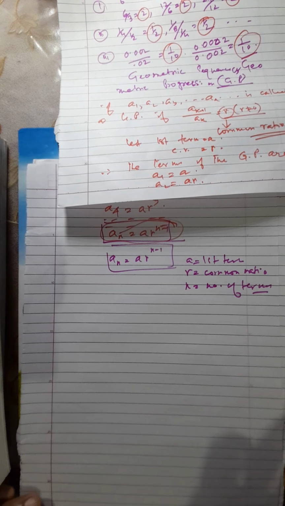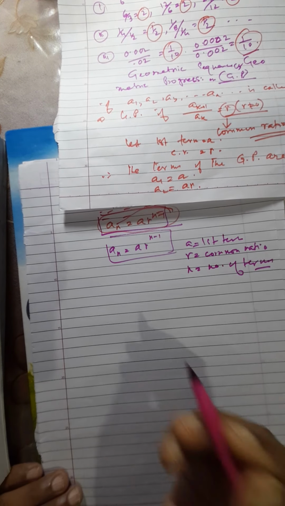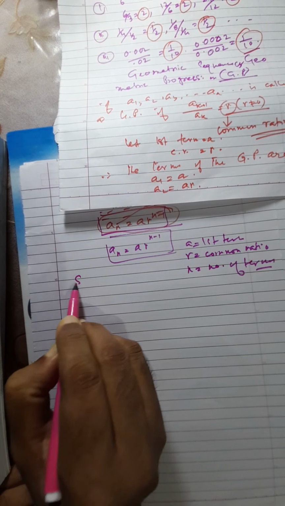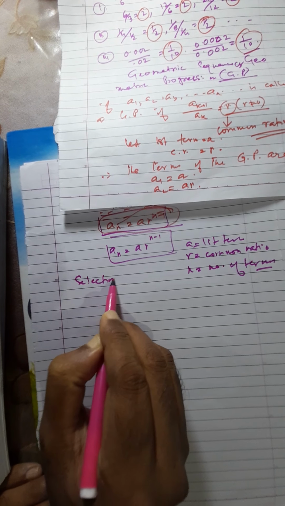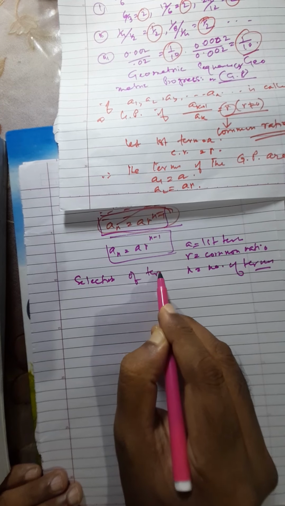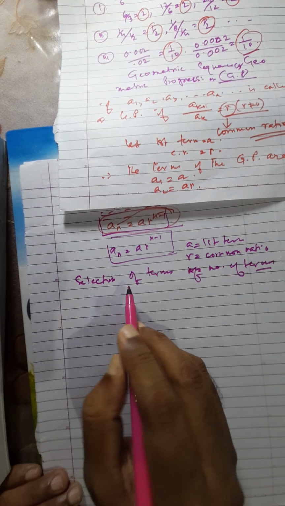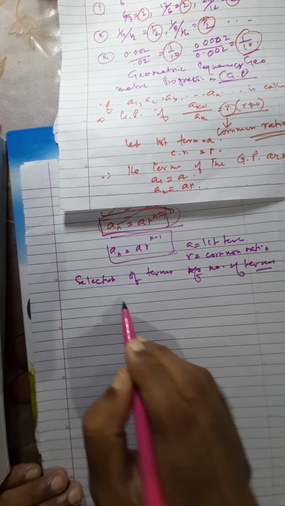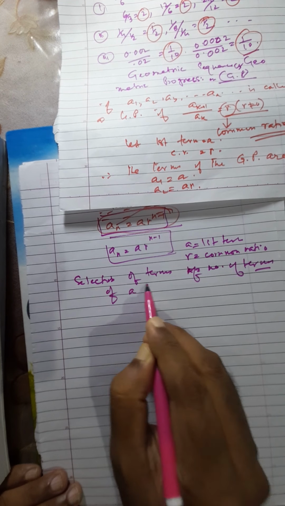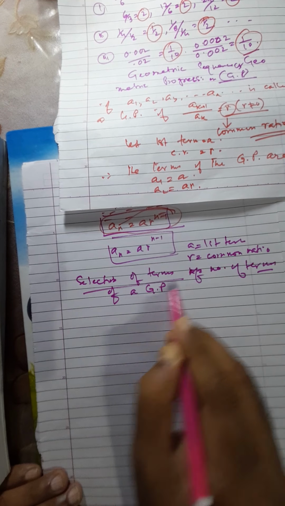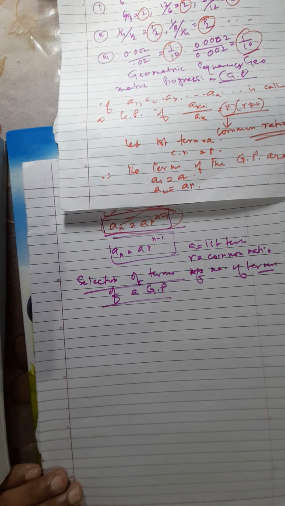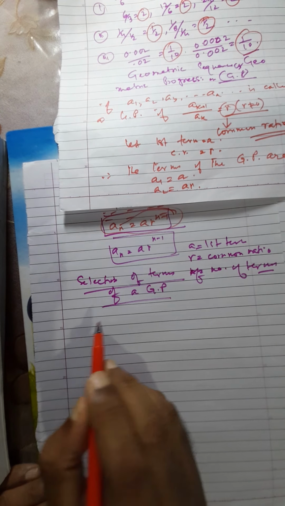Similarly, selection of terms of a GP. How to select the terms of a GP?